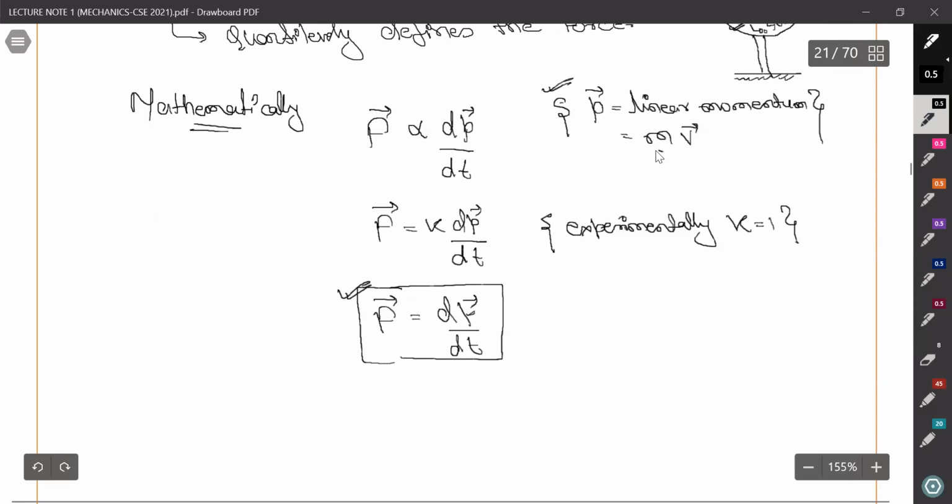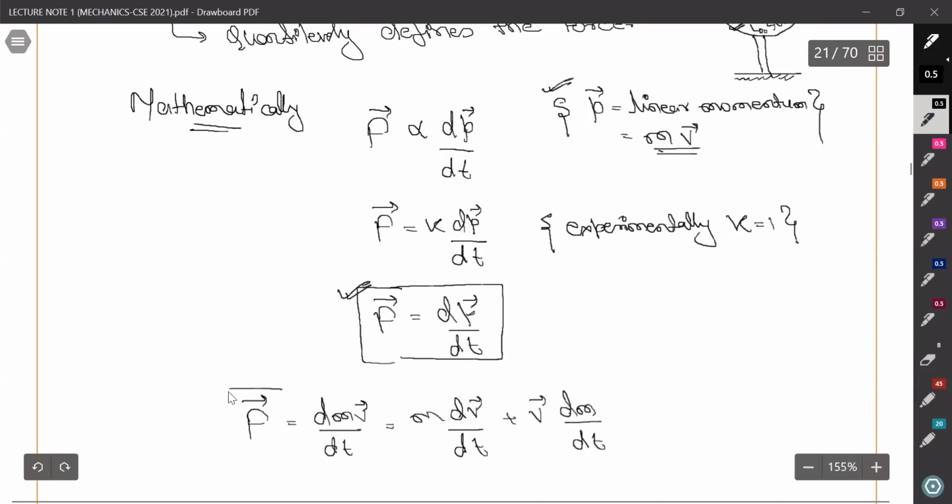And using p equals mv, we can write this also as F equals d(mv) by dt, because p is mv, and it will come out as m dv by dt plus v dm by dt.